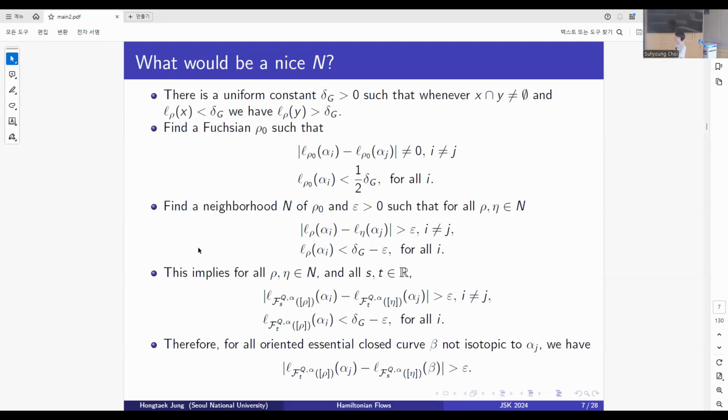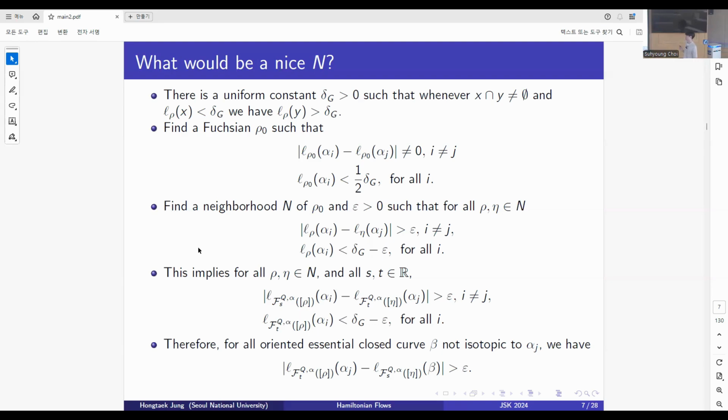For the former case, say beta is isotopic to another pants curve alpha I, then this inequality tells us that this holds. And if beta is not isotopic to any of alpha j, then it must intersect some of alpha j. Then our Collar lemma, the first item and the last item, tells us that this inequality still holds true.